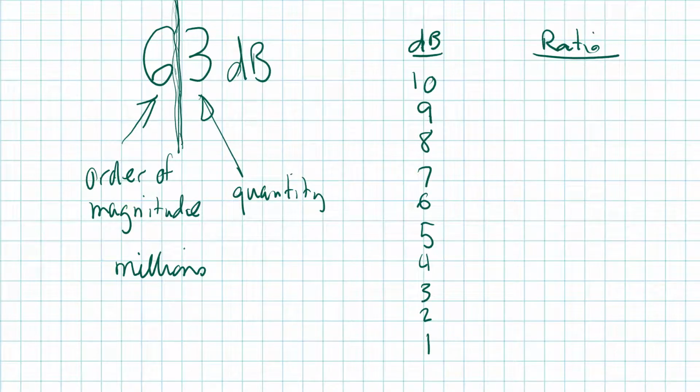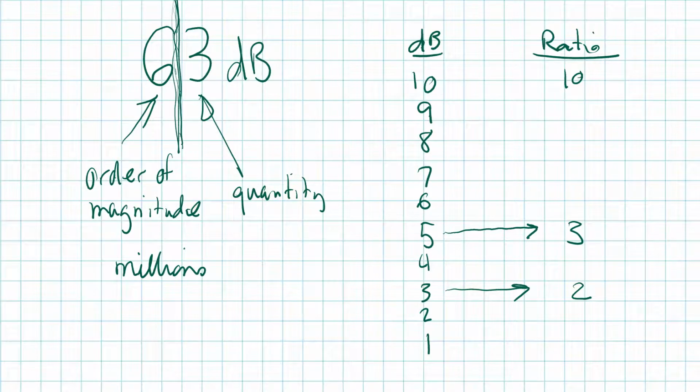So 10 dB we know is 10 to 1 in ratios. And 1 dB, well, that's not so simple, right? We know that 3 dB goes straight over to a ratio of 2 to 1, because we memorized that. And similarly with 5 dB, we have to remember that that goes to 3.